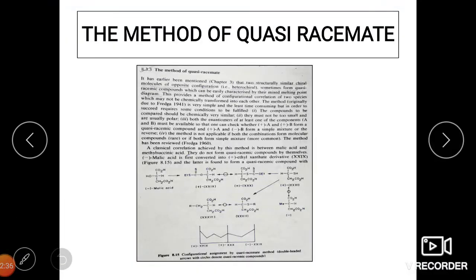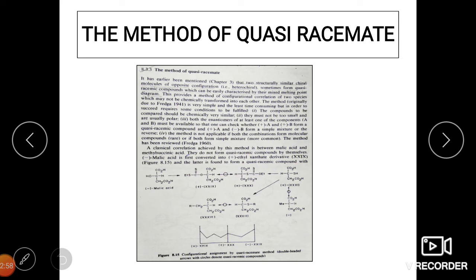Next, moving on to the method of quasi-racemate. As mentioned earlier, two structurally similar chiral molecules of opposite configuration sometimes form quasi-racemic compounds, which can be easily characterized by their mixed melting point. This provides a method of configurational correlation of two species which may not be chemically transformed into each other.